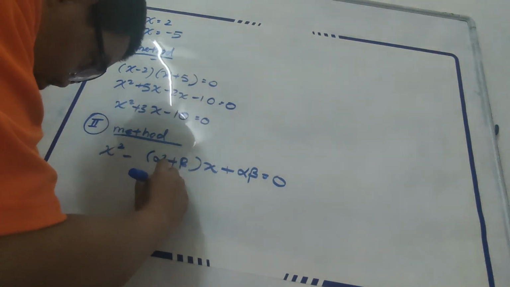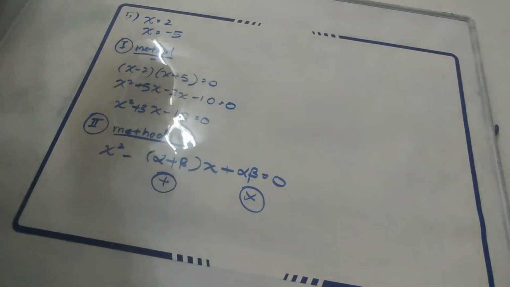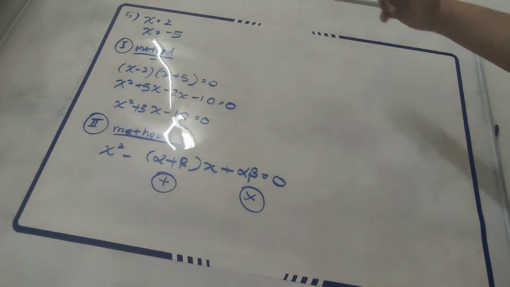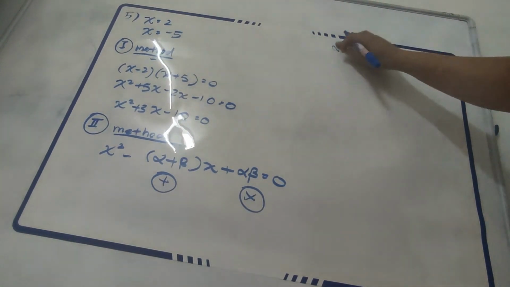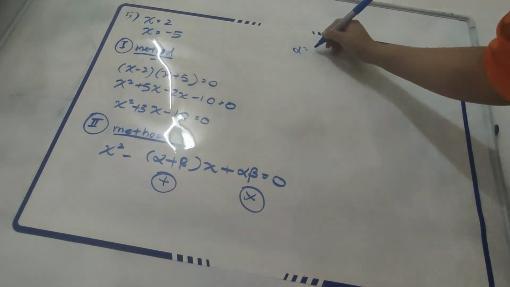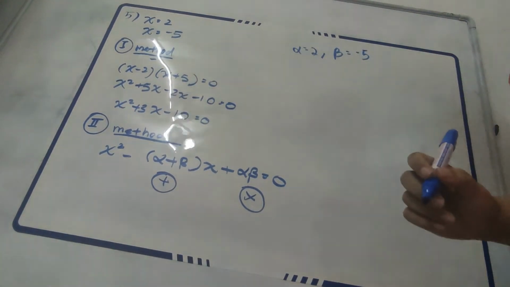This is the sum of the roots, and this is the product of the roots. Assume that your alpha is 2 and beta is minus 5.